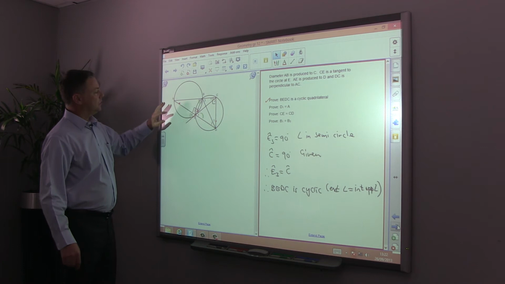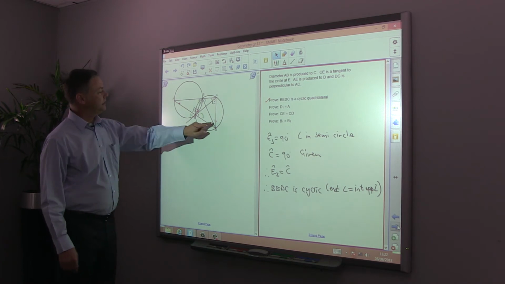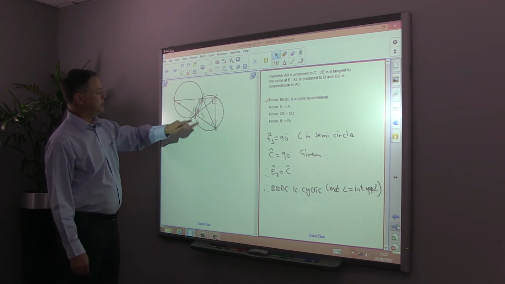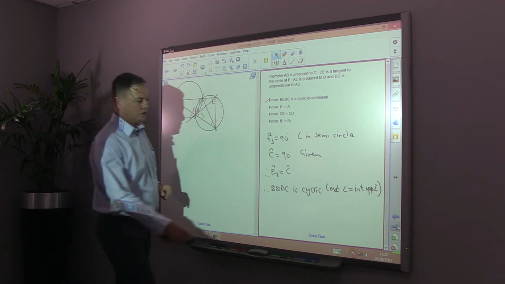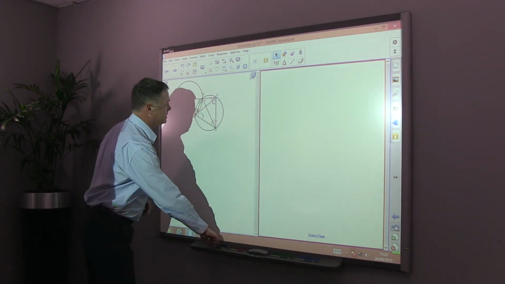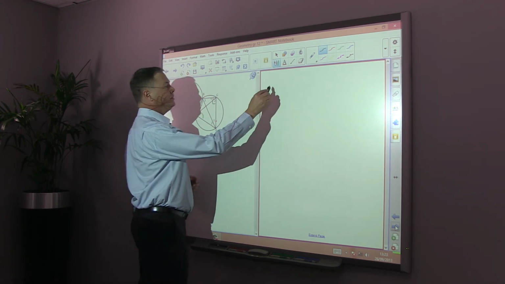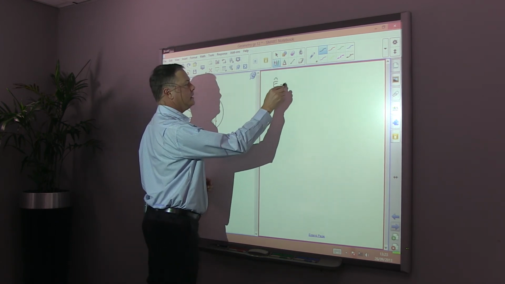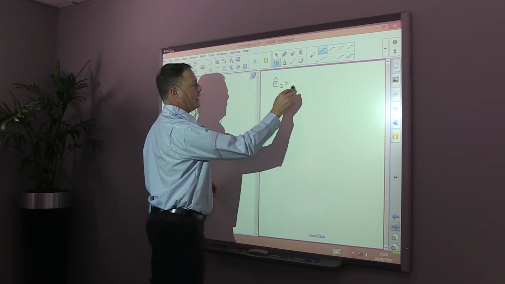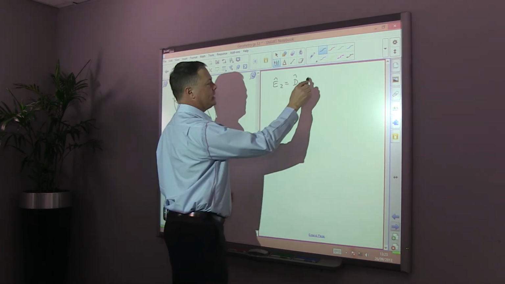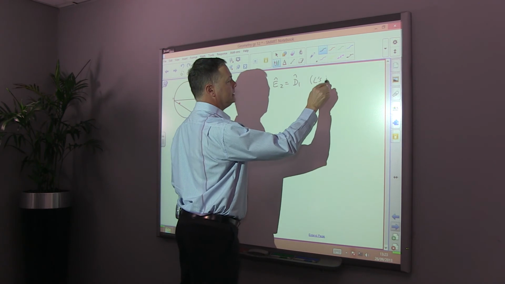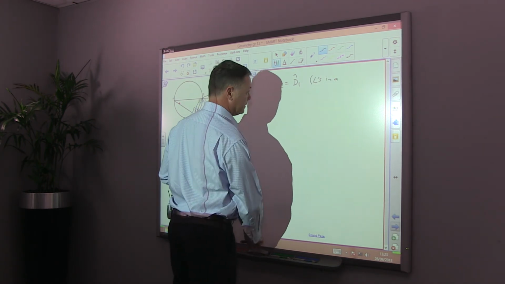Right, so you've got D1 is equal to A because they're both equal to E2. So how do you write it? You're going to say angle E2 is equal to angle D1. Why? Because they are angles in the same segment.